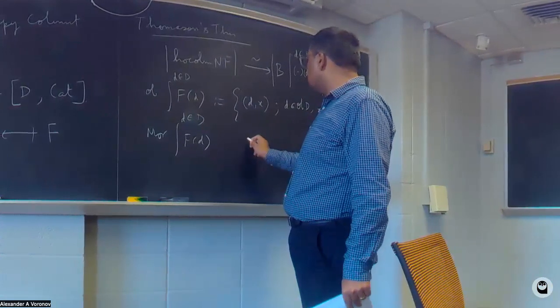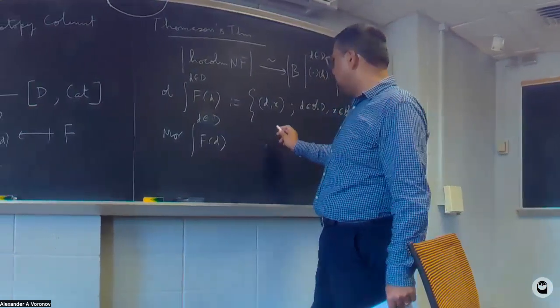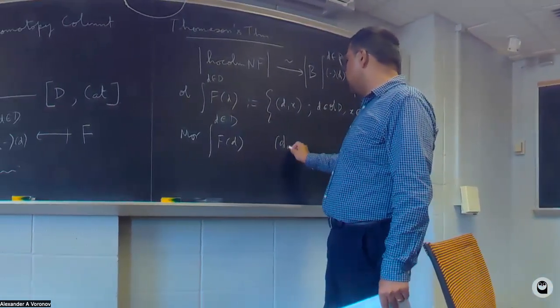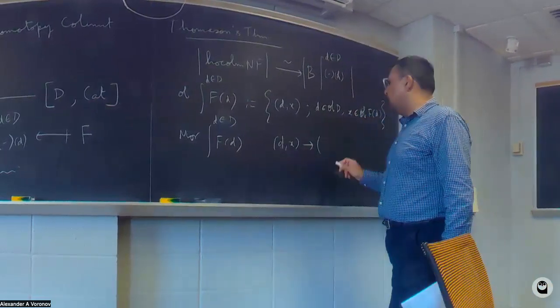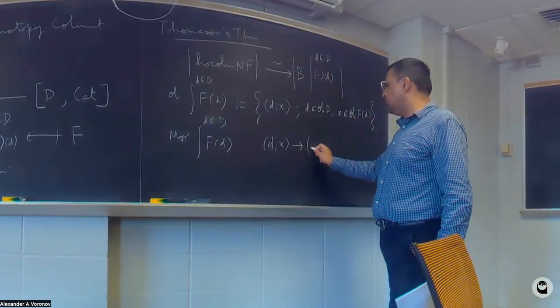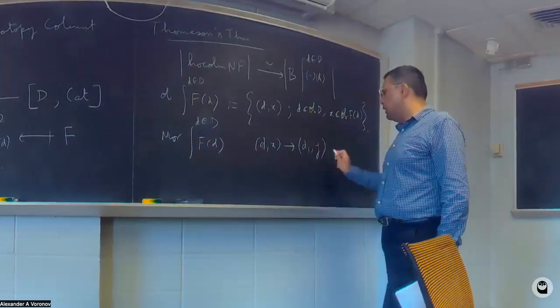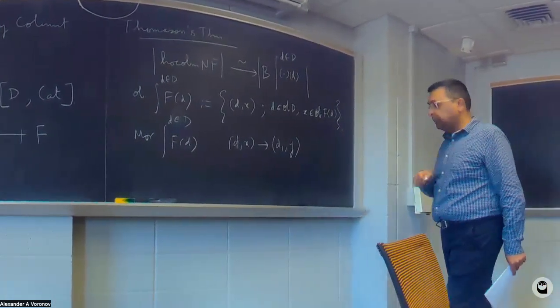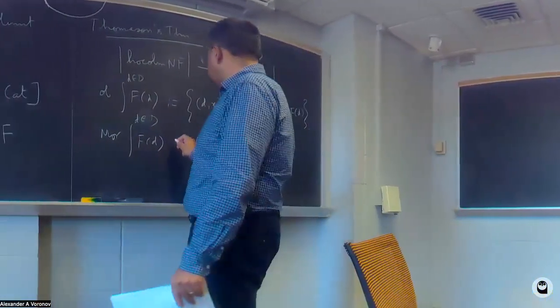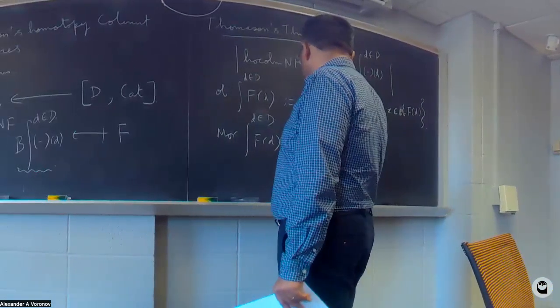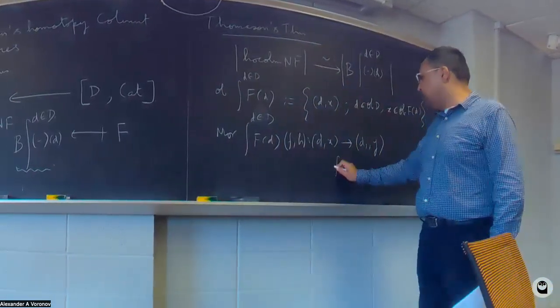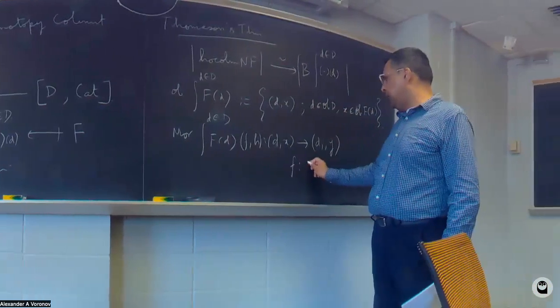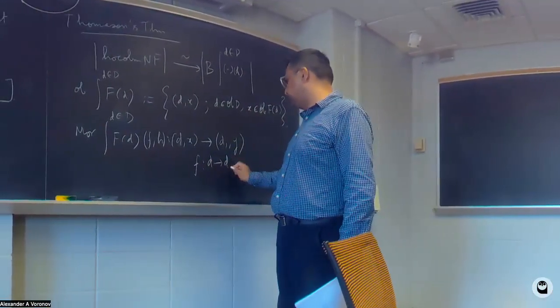Well, let me try to describe the morphism from (B, x) into, let's say, (B', y). So this is a pair (f, h). So f is a map in D from B to B'.